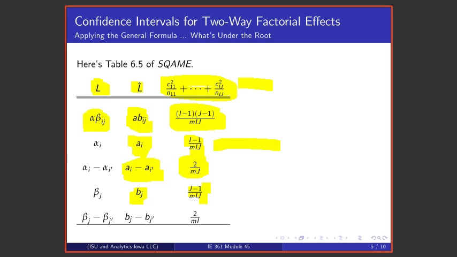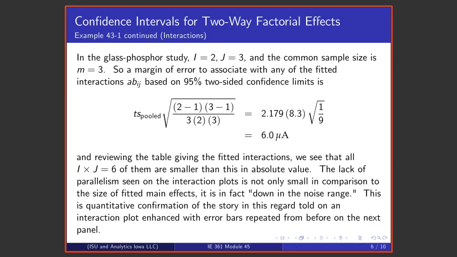It's simply 2 over the common cell sample size times the number of columns. And if I want to talk about difference in B's, it's 2 over m times I.